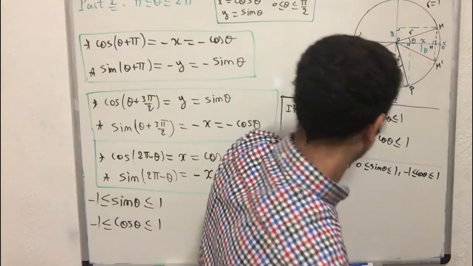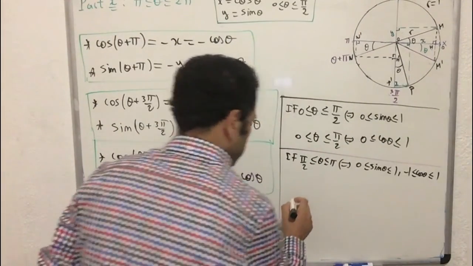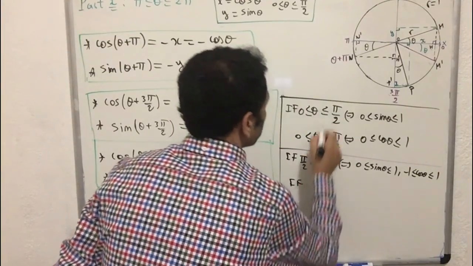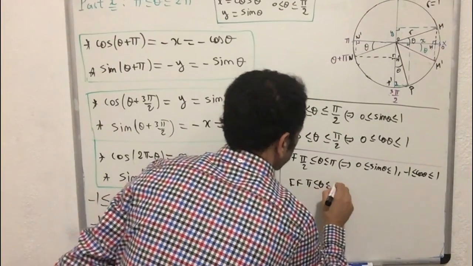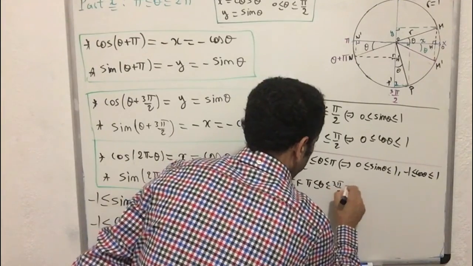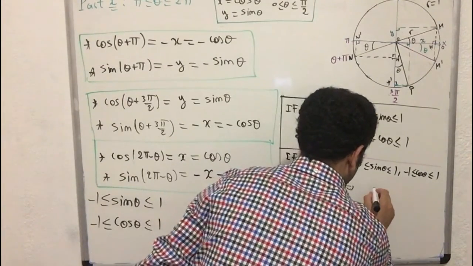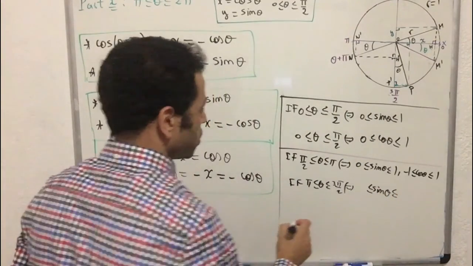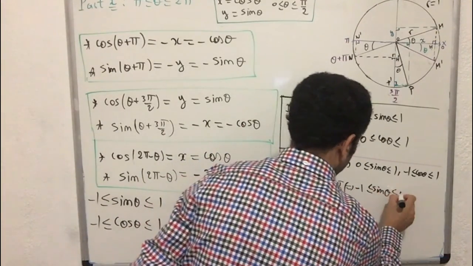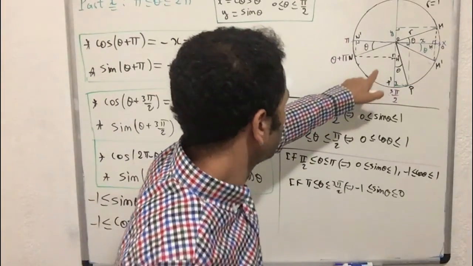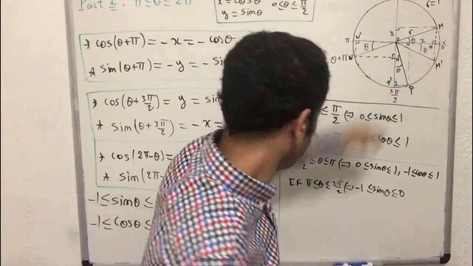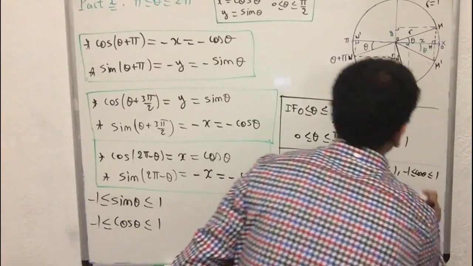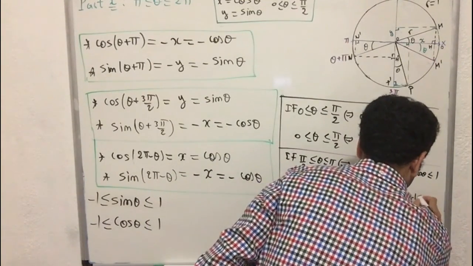So if theta is between pi and 3 pi over 2, sine theta is negative, between minus 1 and 0, because we already calculated and found it negative. The cosine is negative as well.